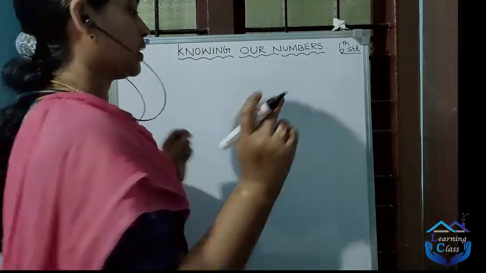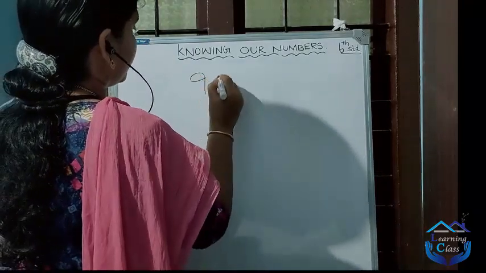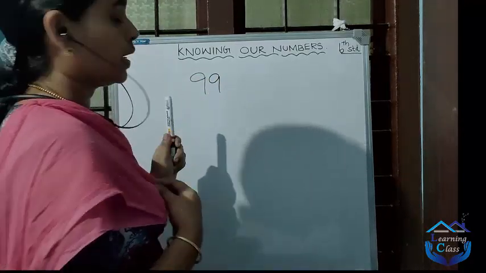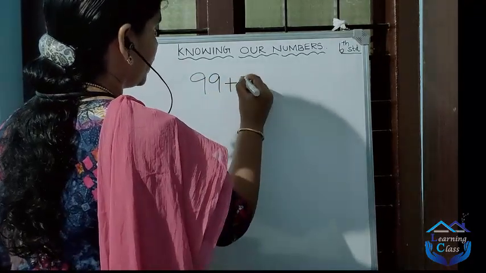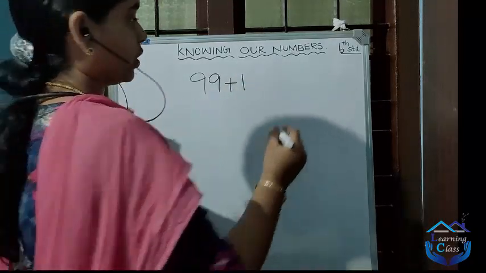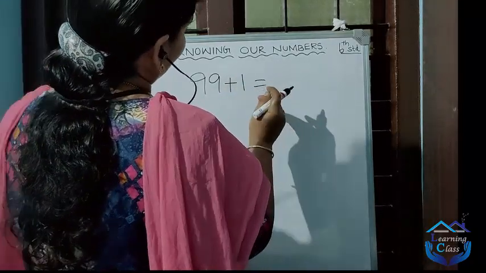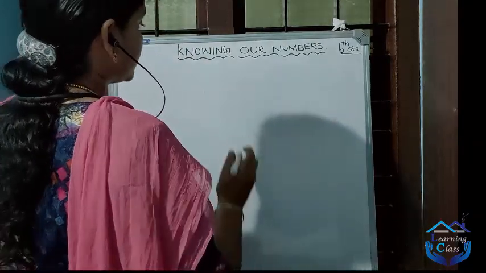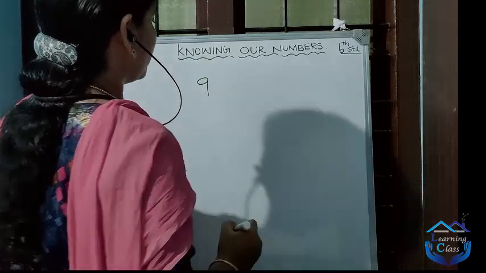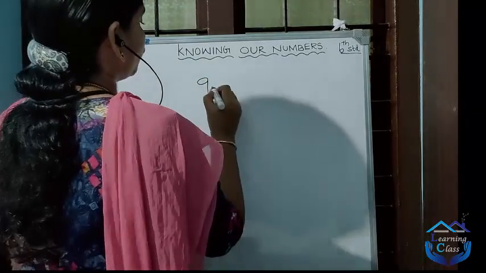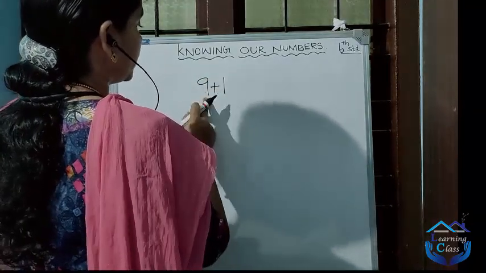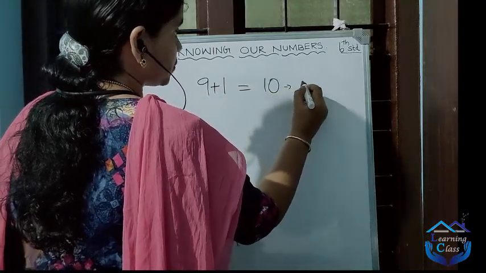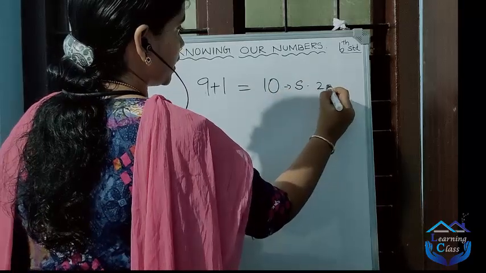Which is the greatest two-digit number? Greatest two-digit number is 99. If we add 1 to this number, we get, which is the greatest one-digit number? One-digit number is 9. If we add 1 with this digit, we get 10. This is the smallest two-digit number.